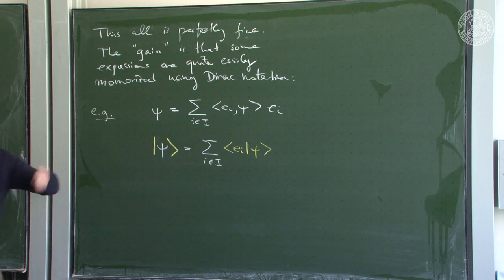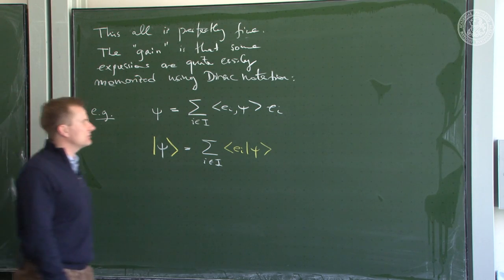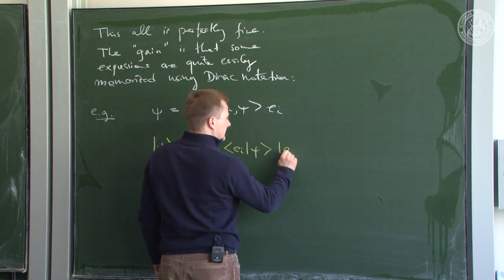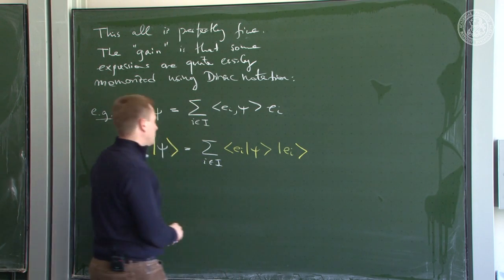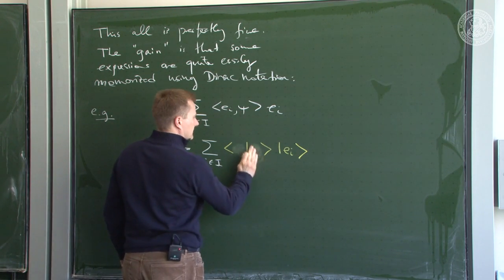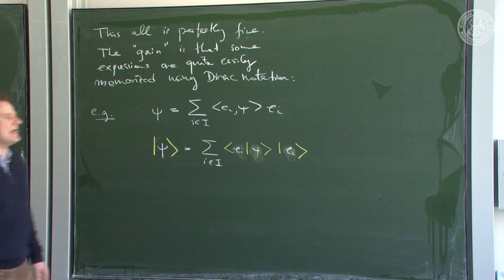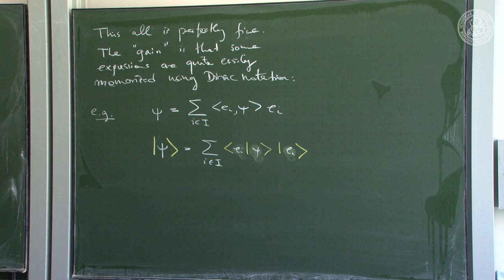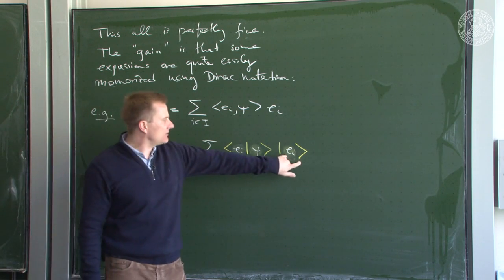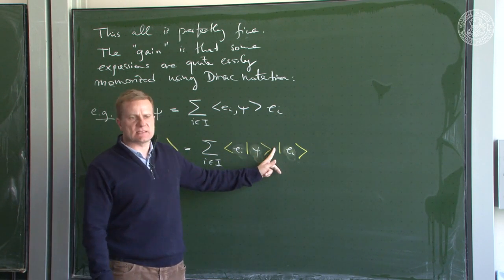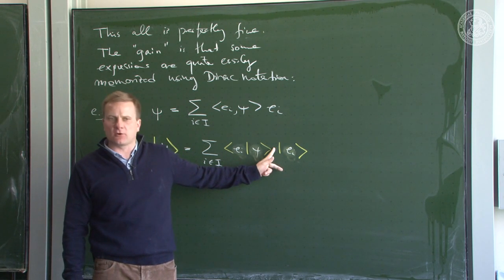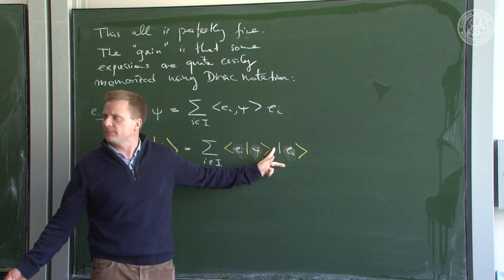Well, single lines are omitted, first extra rule. And you write the e_i here also with a ket. I should actually write it like this, e_i psi. You should dress the e_i as well. So far nothing has happened because this is a vector, this is a complex number. Vectors are multiplied from the left by complex numbers because you have a scalar multiplication.